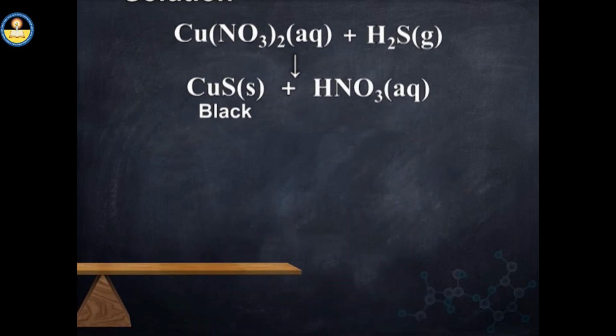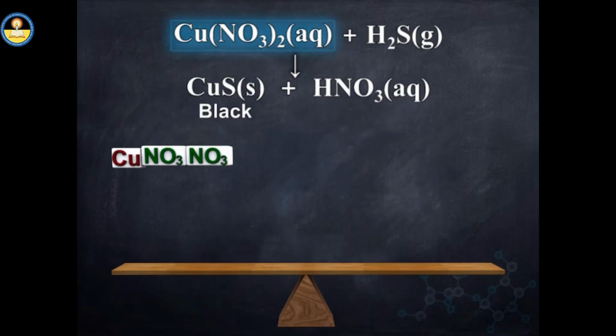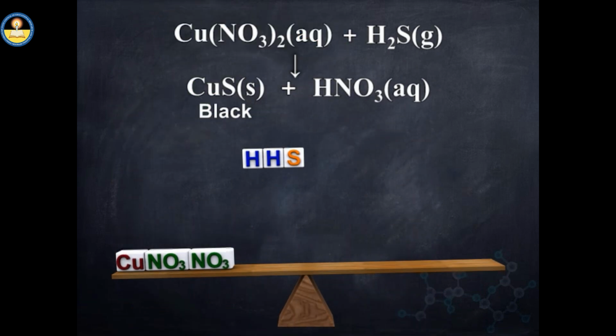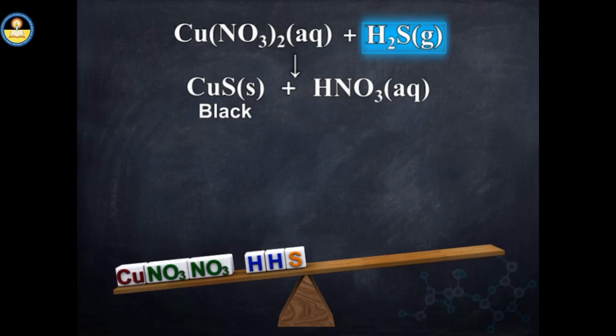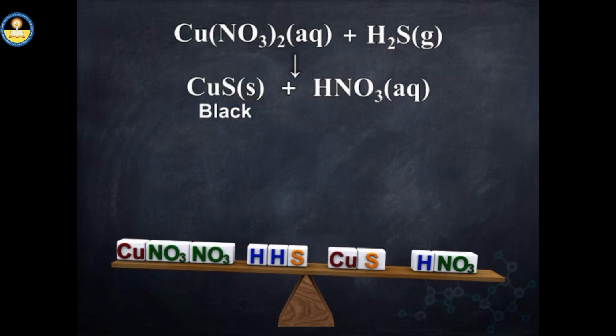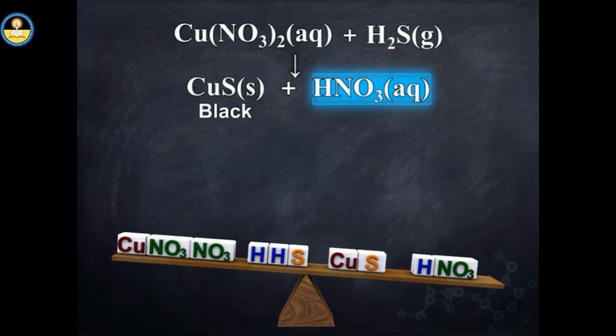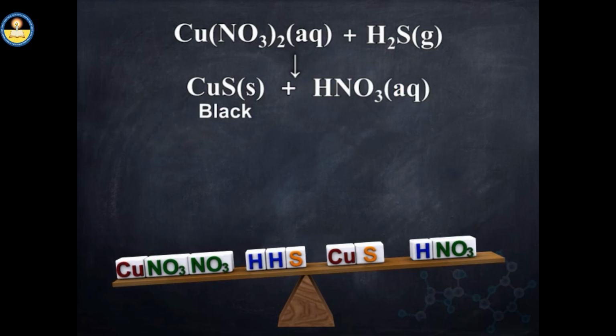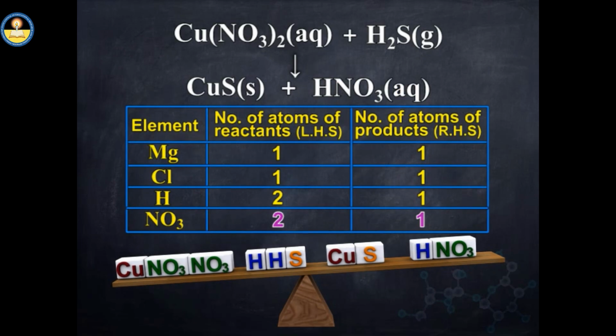Solution: Cu(NO3)2 in aqueous state reacts with H2S in gaseous state to give a black-colored CuS in solid state plus HNO3 in aqueous state. Count the number of polyatomic ions as units on both sides of the equation.